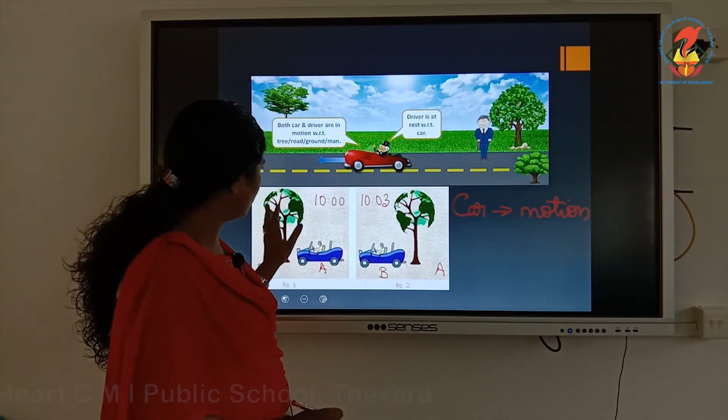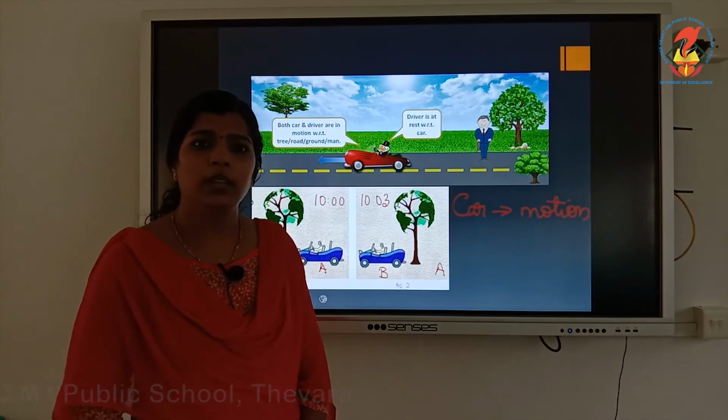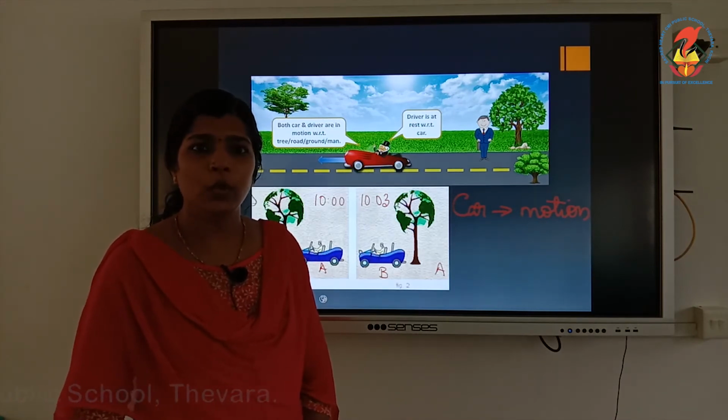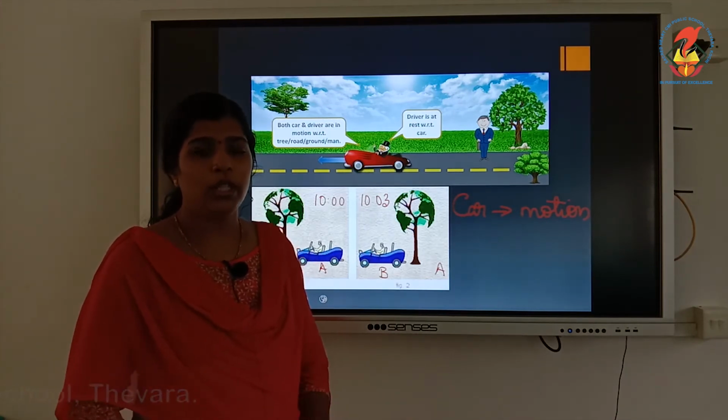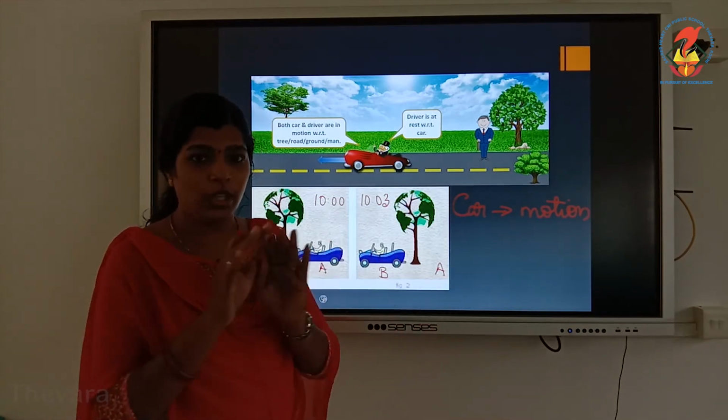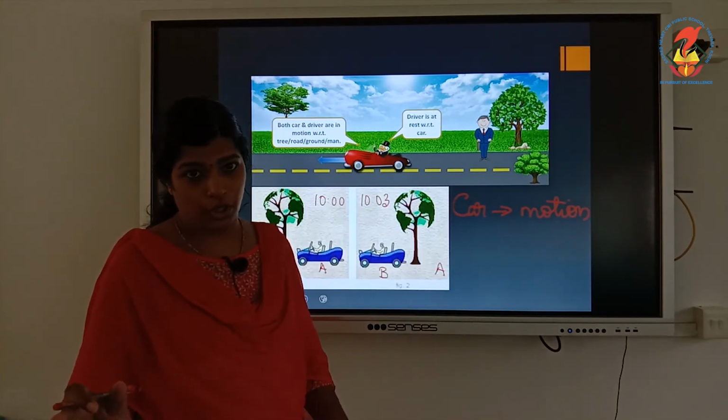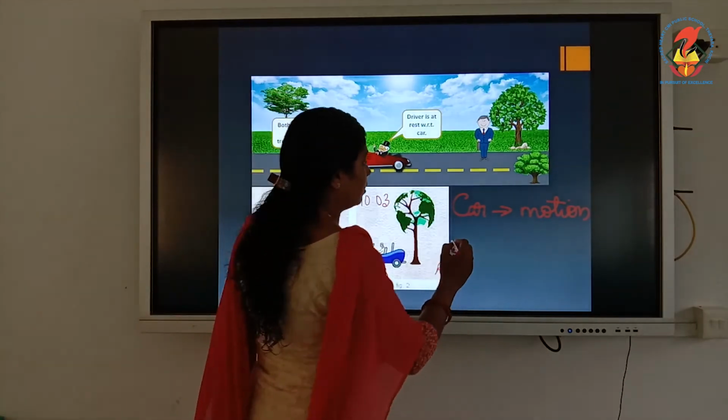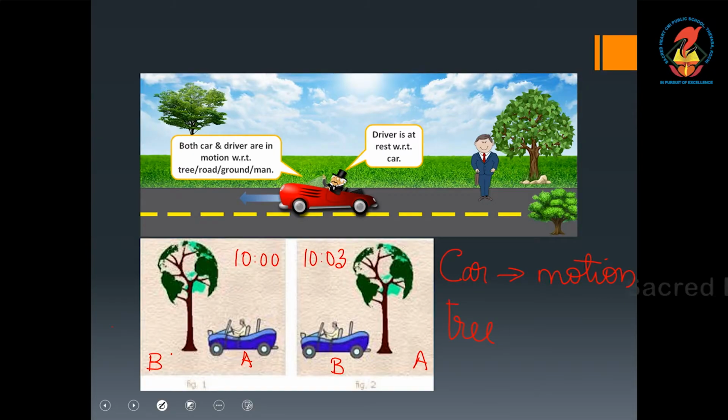Now you tell me, what about the tree? Is the tree moving? No. It is not changing its position. So we will say that the tree is at rest.